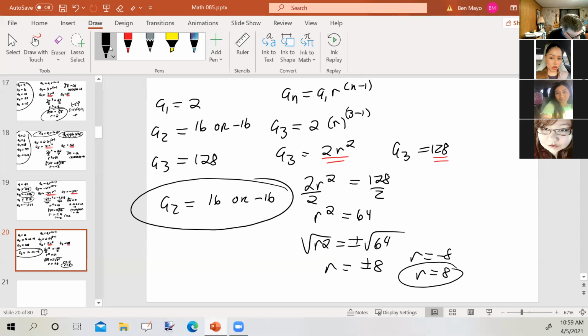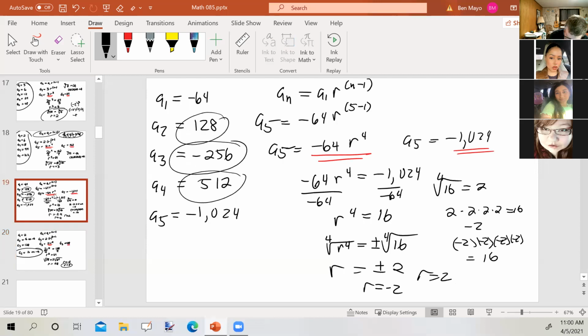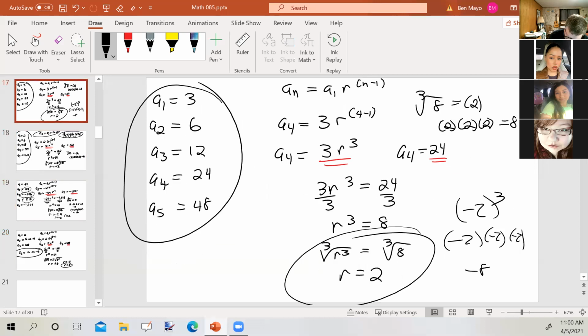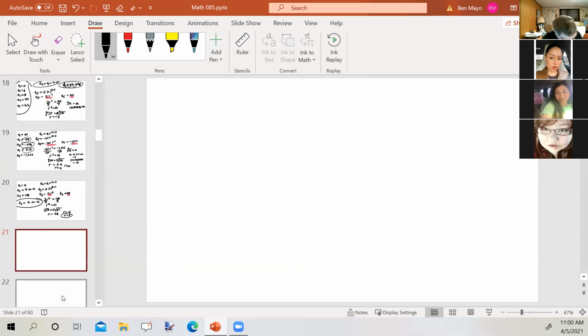Just a negative. Okay, let's see here. What I'm trying to do is make sure I do one that I didn't already do. Let me look back here for a minute. Yeah, okay, I don't think I did this one.